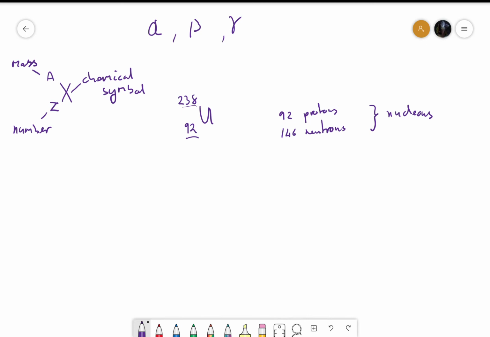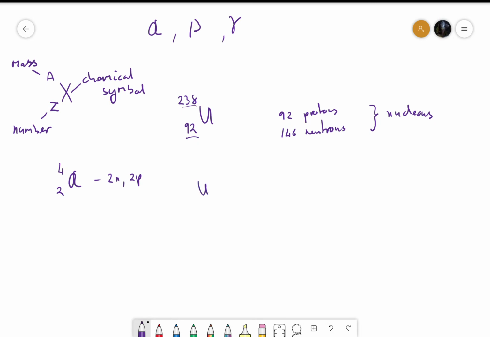Okay, so let's have a think then about alpha, beta, gamma. Alpha, as hopefully you're all aware, is 2 neutrons, 2 protons. It is a helium nucleus, therefore it has an atomic mass of 4 and an atomic number of 2. We would describe an alpha decay like this.